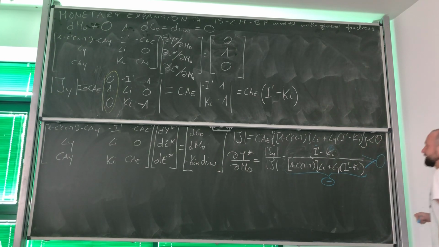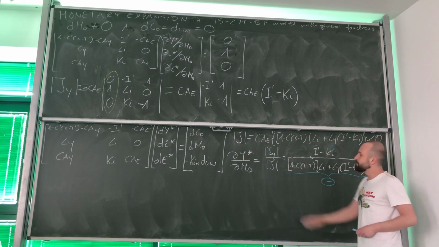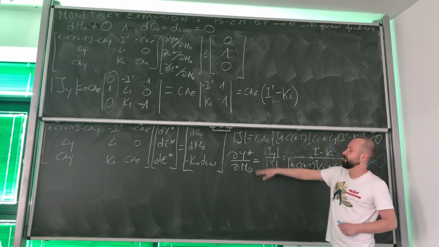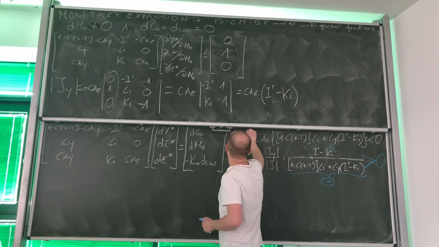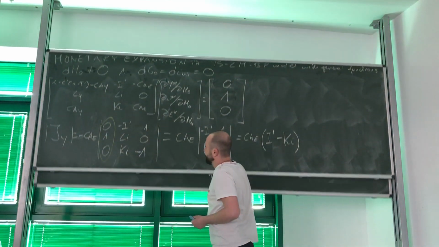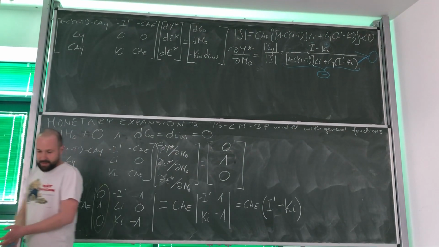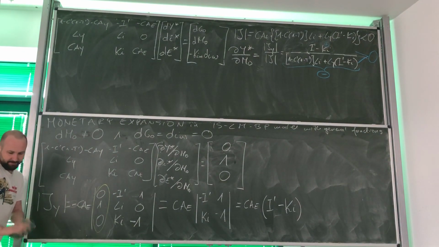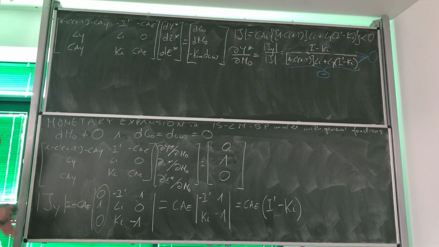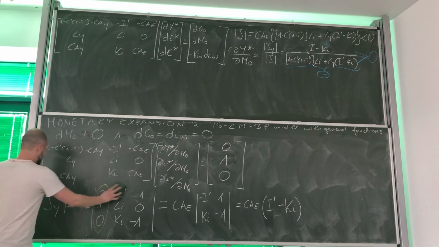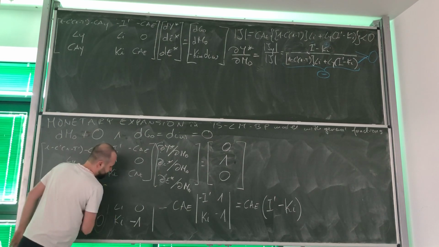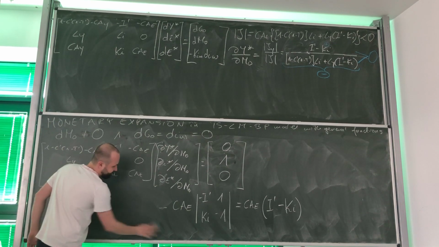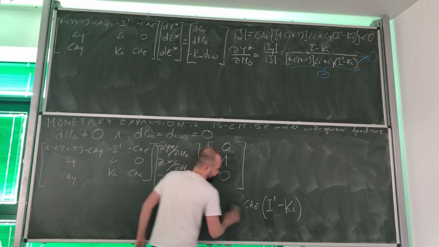We see that this comparative static is positive, which tells us that monetary expansion increases equilibrium level of GDP.